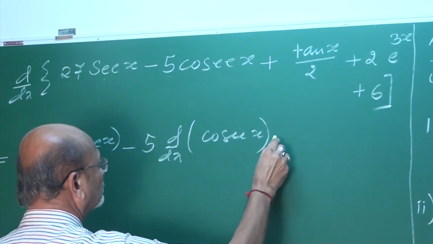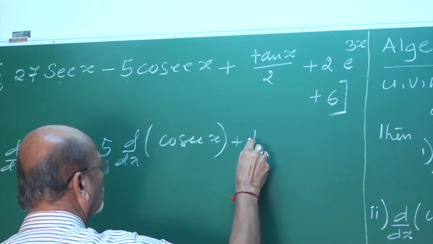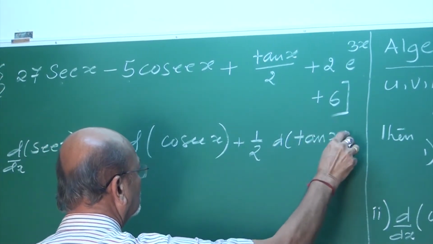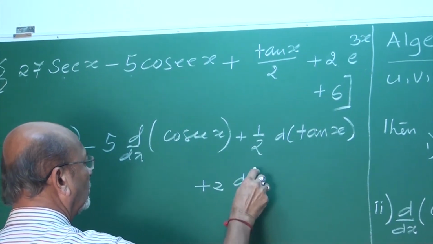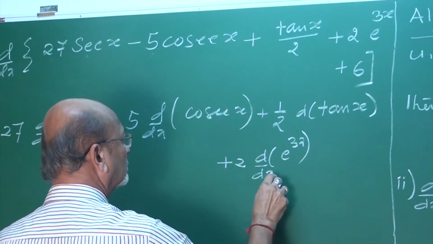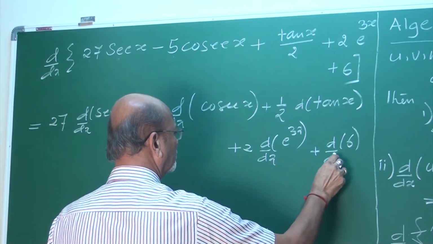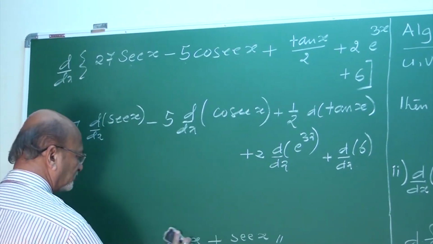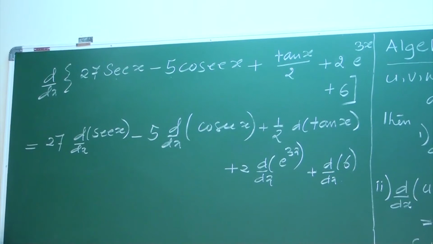Cosec x plus, here your constant is 1 by 2, derivative of tan x, plus 2 into derivative of e to the power 3x with respect to x plus derivative of a constant 6 with respect to x. Yes, my friends.